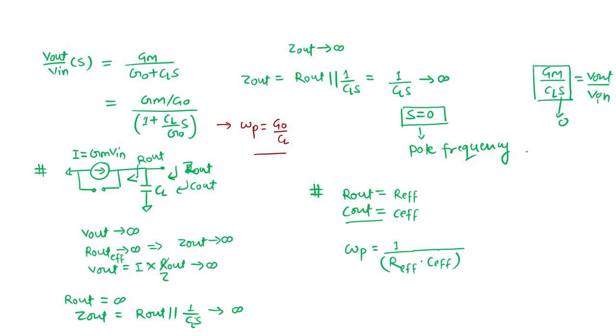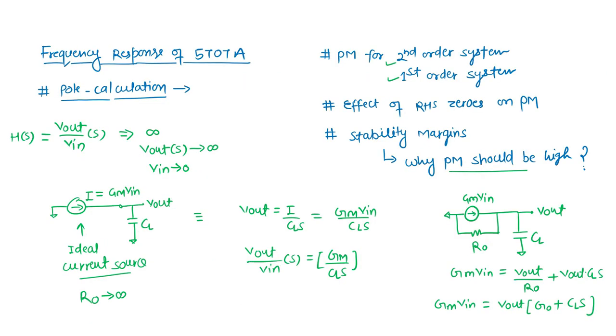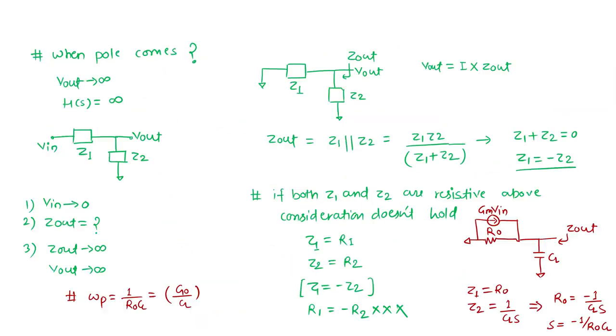Now we will switch to the phase margin, gain margin is not required here, and what is the effect of the right half plane zero. So this was the discussion of calculation of poles and zeros by intuition that we have seen in this video.